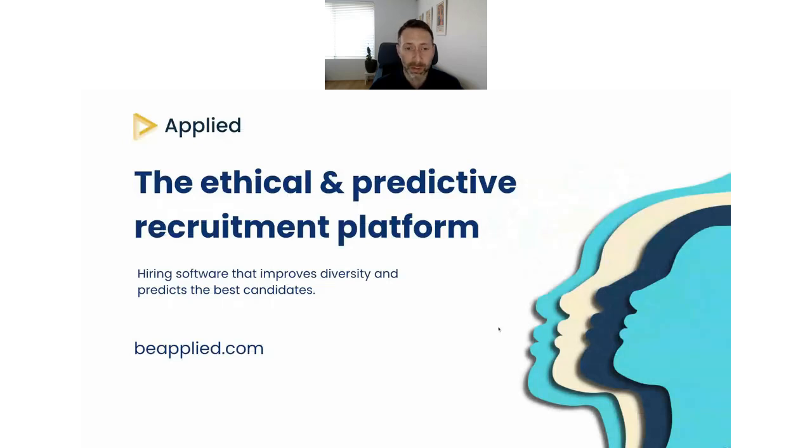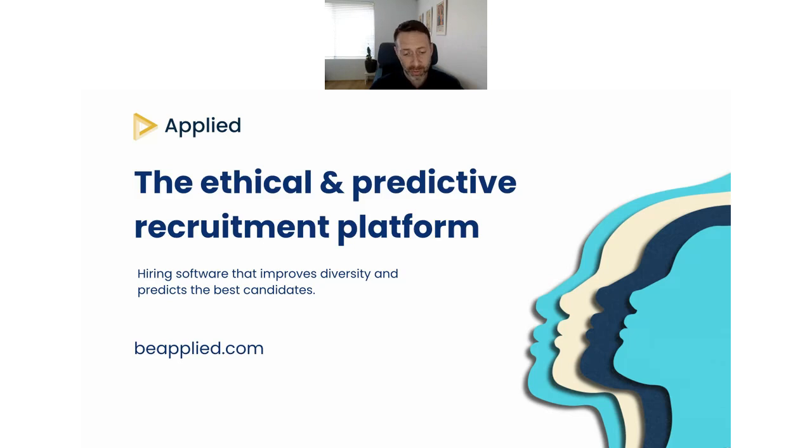So a little bit on Applied. We are the ethical and predictive recruitment platform. We provide hiring software that improves the diversity of the talent pool and predicts the best candidates who apply for the job. You can look out there at lots of other HR tech software, and the vast majority of it is focused on the efficiency and streamlining of your process, which is important to save time and money when you're recruiting people.